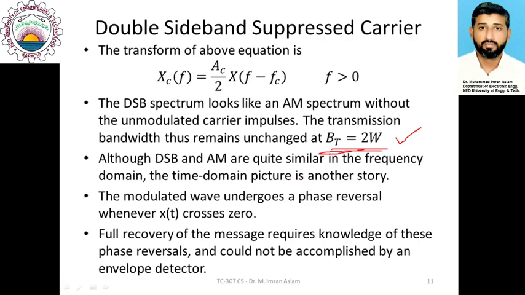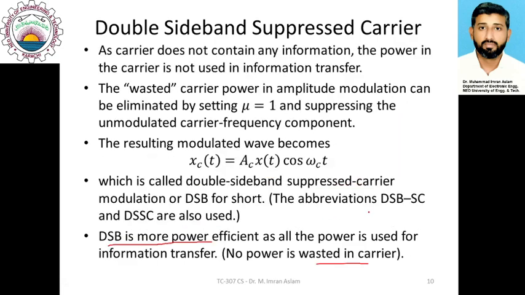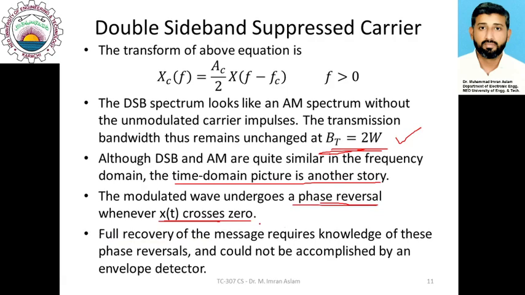But one problem that arises from usage of DSB can be seen from the time domain representation, because you can see that now we do not have the unmodulated carrier term, so there will be a chance of phase reversal. Whenever the carrier goes to the negative side, there will be a phase reversal. That phase reversal is unavoidable in this DSB modulation.